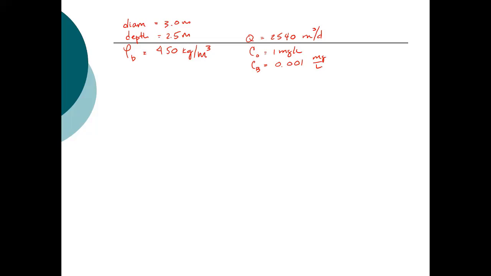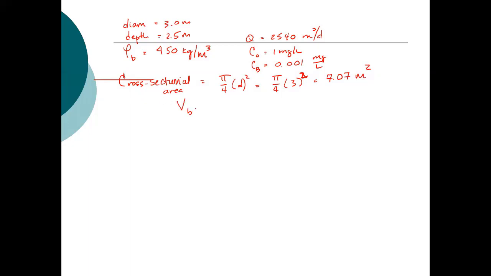So the first thing we need to do is calculate the cross-sectional area, and that is just pi over 4 d squared. So that is pi over 4, 3 squared, and that is 7.07 meters squared.